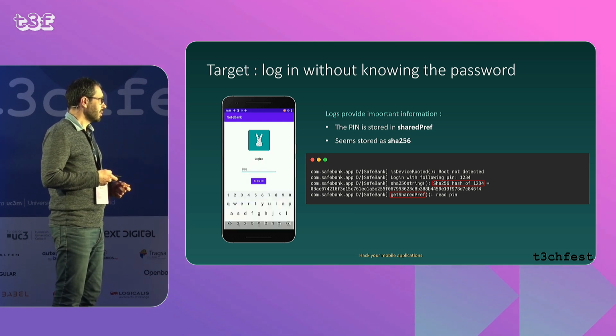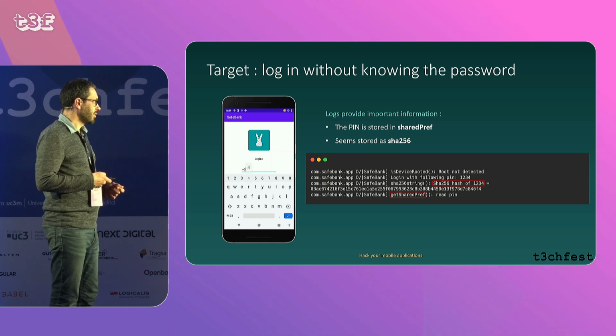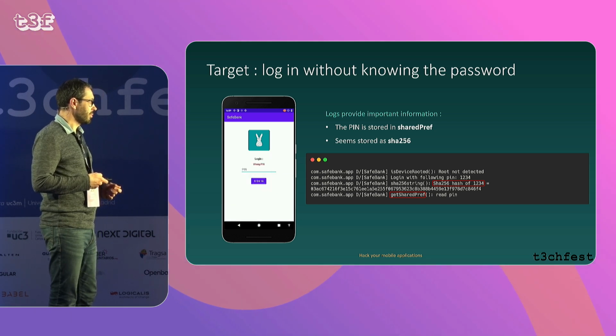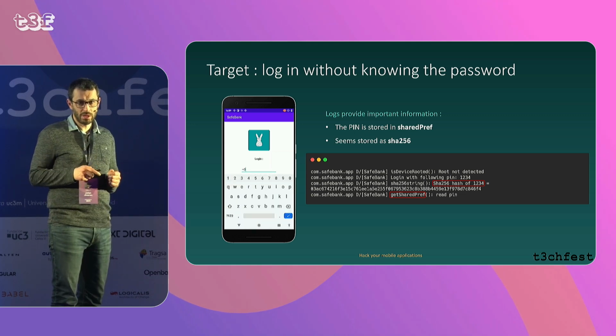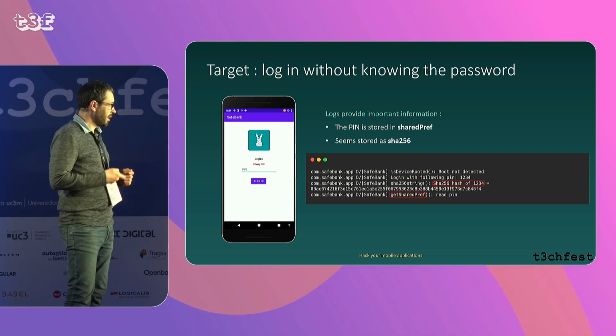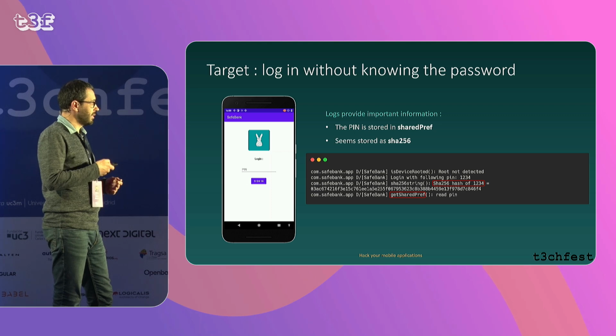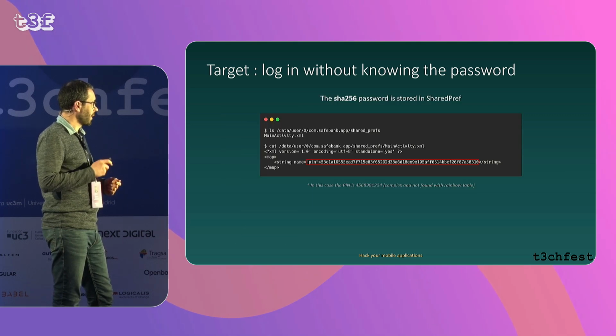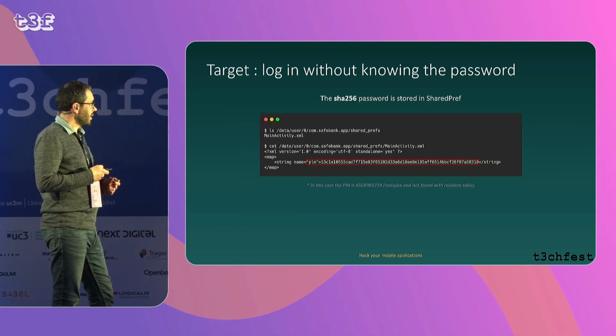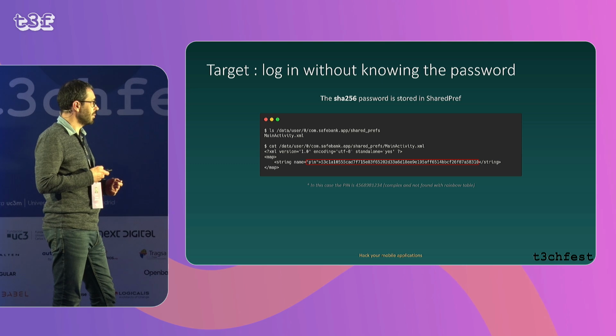Okay, and then what is done? There is the call of getSharedPreferences, and this shared pref is the private application folder. There is something interesting in the shared pref. So I can go in the phone and check what is in the shared pref of my application. There is a file, mainactivity.xml, and what does this XML contain?